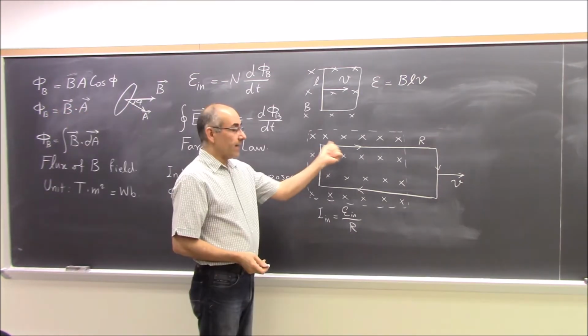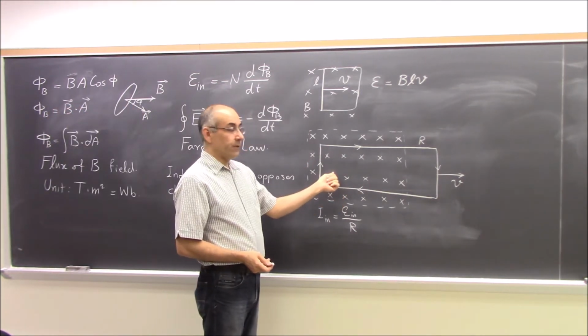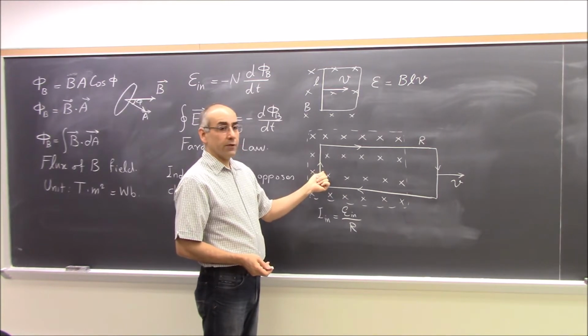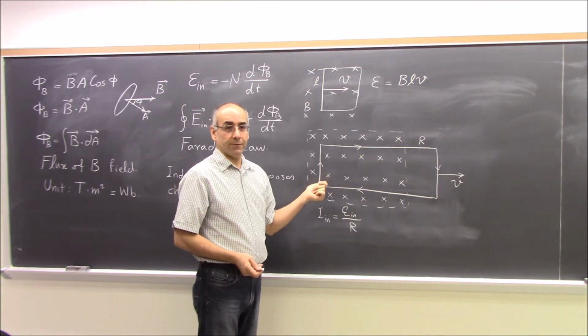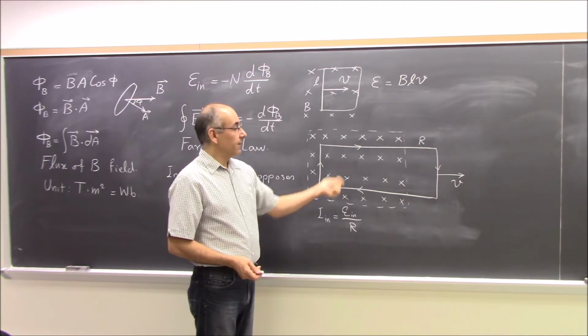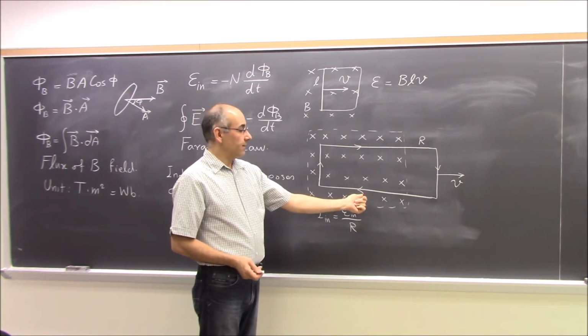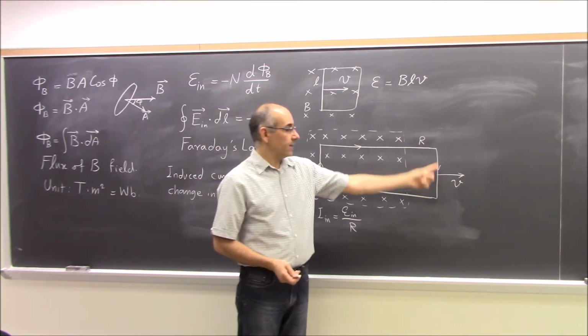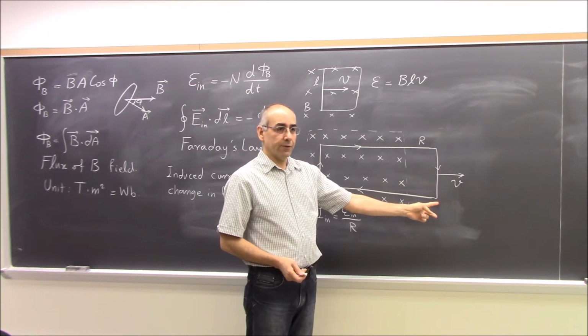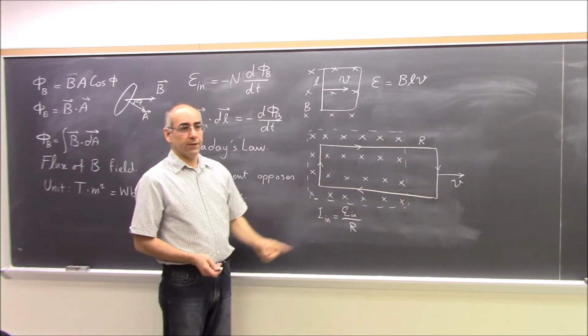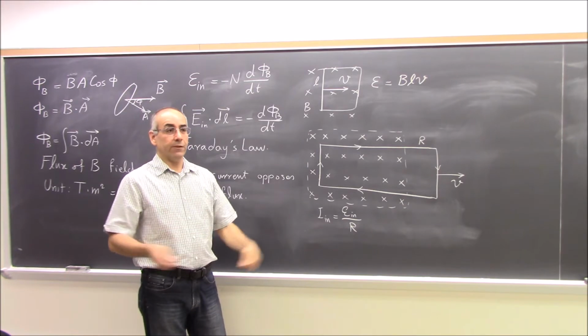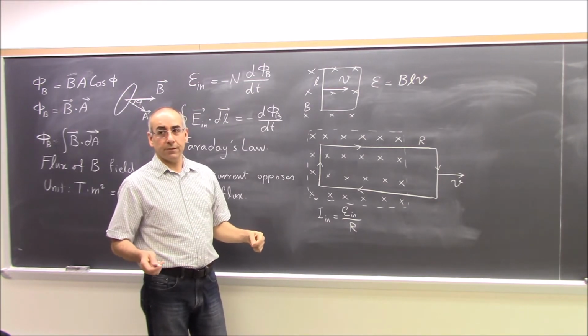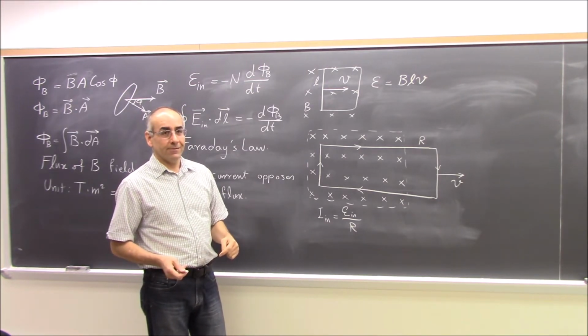Now that there is current in the loop, there will be a force on each part of this loop. What are the forces? That part is not in the magnetic field, so it doesn't have a force. Can you tell me the direction of the forces? We are reviewing all parts of these two chapters, right?